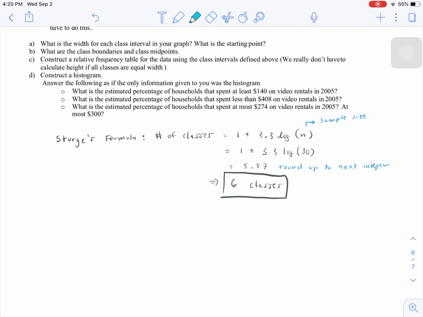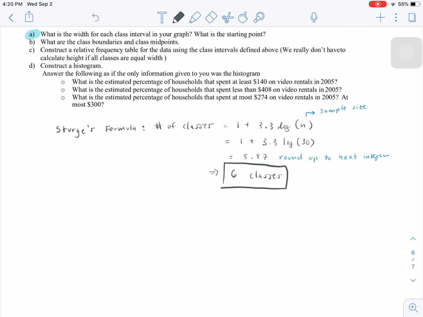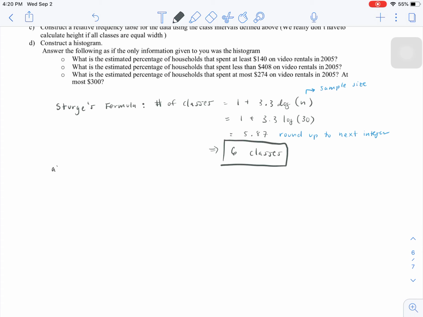Okay, so now we want to figure out what the width for each class should be. In other words, what intervals should we have? So we have a formula for this, and this says that the class width is equal to the maximum value in our data set minus the minimum value in our data set divided by our number of classes.